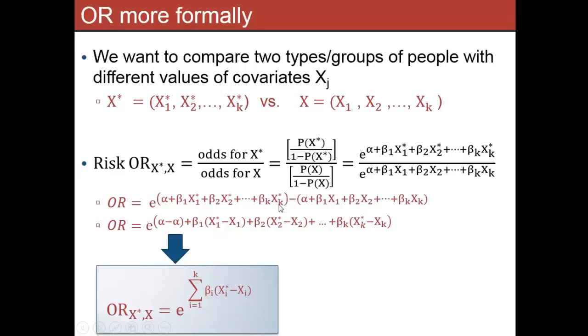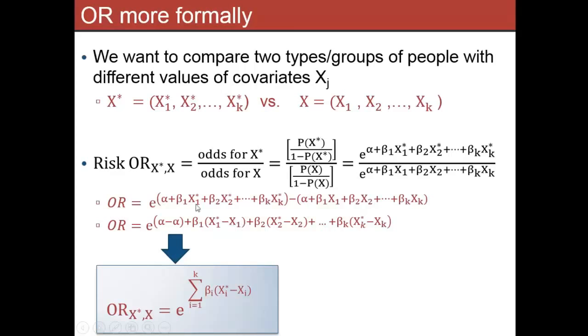But what's cool is you can group these pieces. No matter what X star and X are, the alphas always cancel out. So you're going to get alpha minus alpha. That's going to be nice. And then what you get is beta 1 times X1 star minus X1.